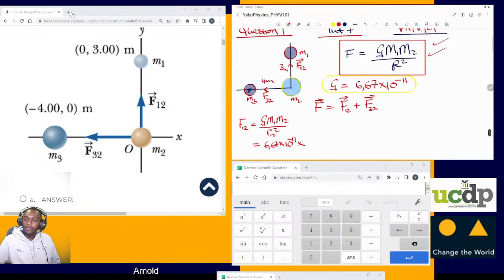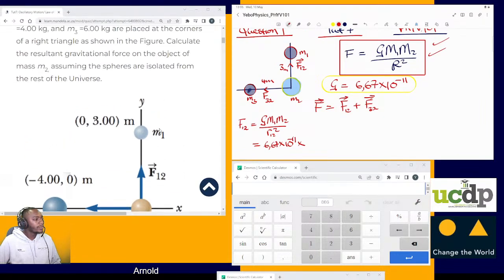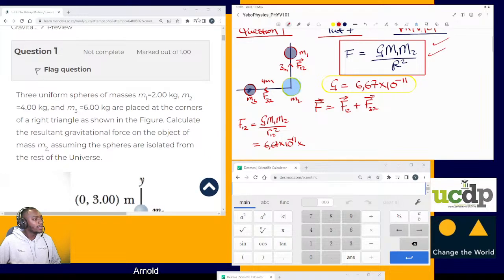Let me check the value for M1. The value for M1 is 2 kilograms, so it's going to be 2 times M2, which is 4 kilograms.